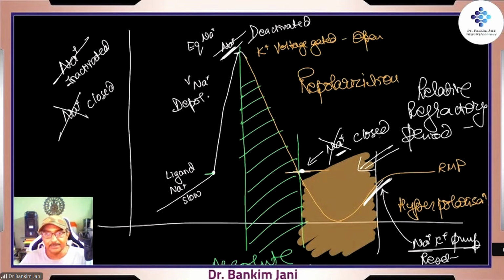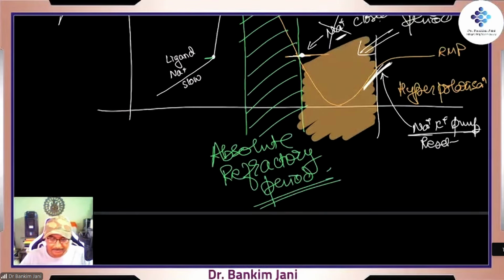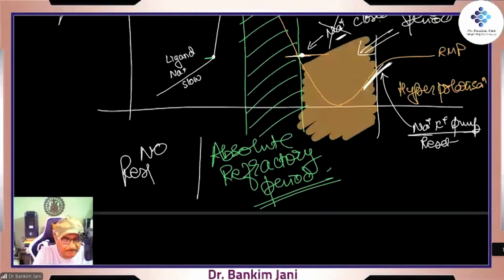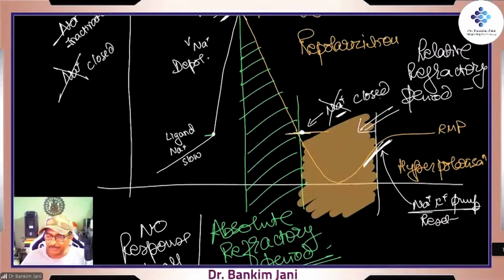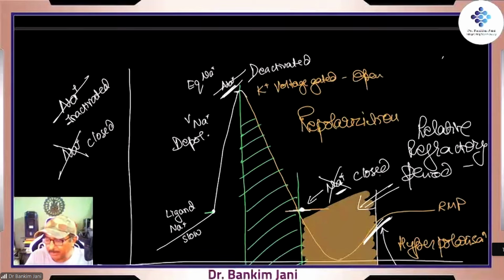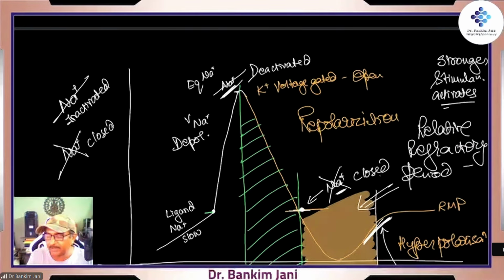When we say absolute refractory, that means no response at all, irrespective of the stimulus. In the relative refractory period, stronger stimulation activates it, and then the new pulse, the new phase, would start.